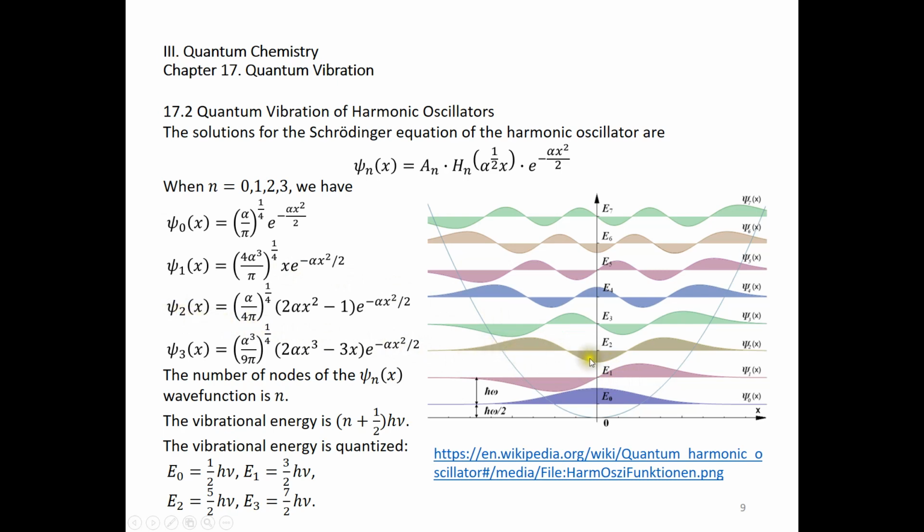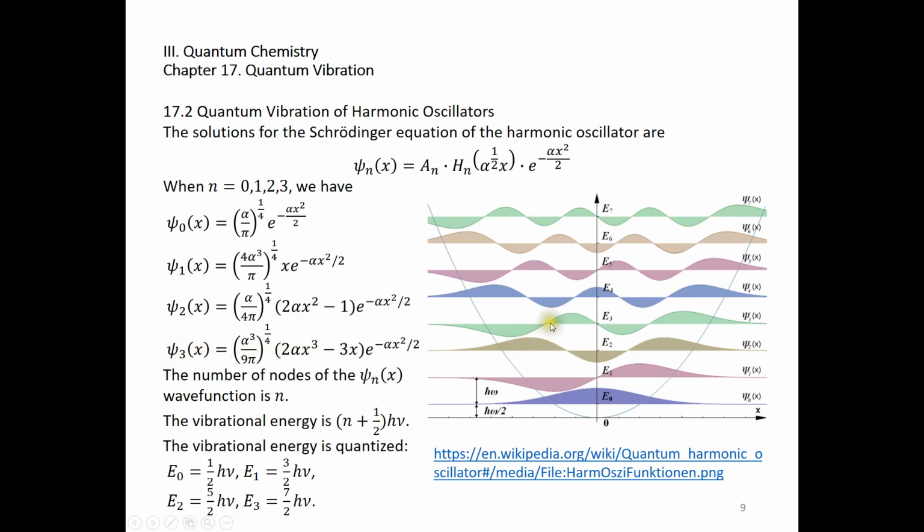When x equals 0, we have a node. Psi of 2, we have two nodes, one here, one here. Why two nodes? Well, we can set this polynomial function to 0, then we get two roots. Over here we can see when x squared is equal to 1 over 2 alpha, we have positive and negative square root of 1 over 2 alpha, two roots.